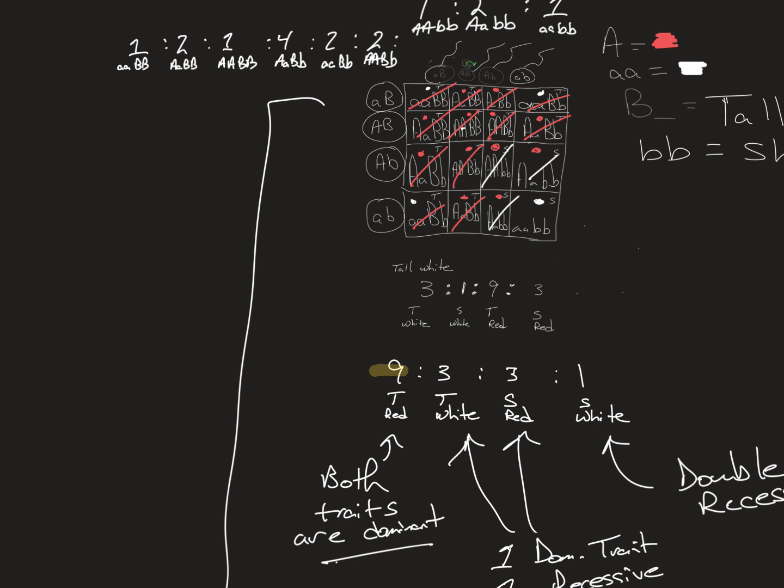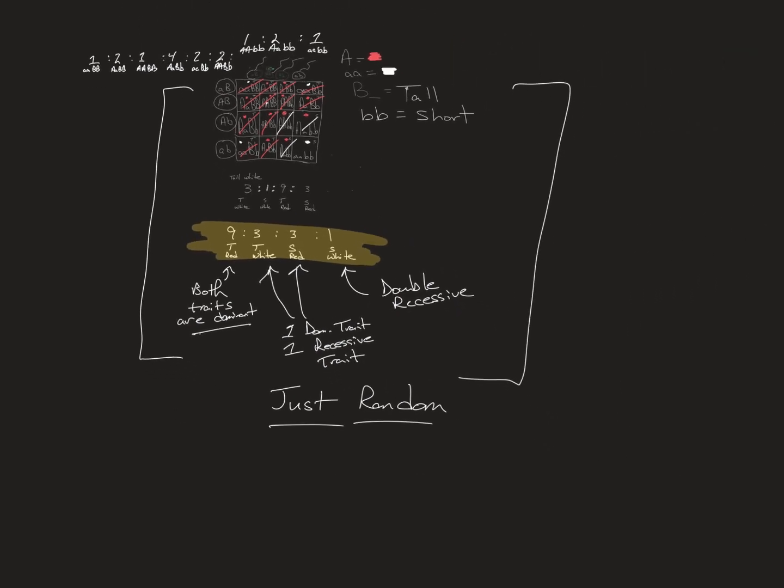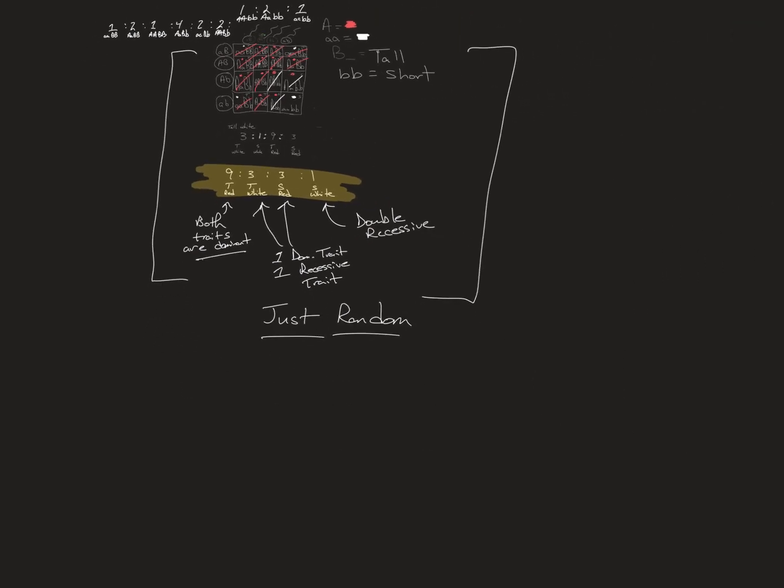If you're going to commit anything to memory, remember this: 9 is the double homozygous dominant and 1 is the double homozygous recessive, and the two 3s are, what am I saying? Not heterozygous, homozygous. Nothing to do with that. 9 is the double dominant. The 1 is a double recessive. And the two 3s are dominant for one, recessive for the other. All right. So that's a dihybrid cross for unlinked genes.